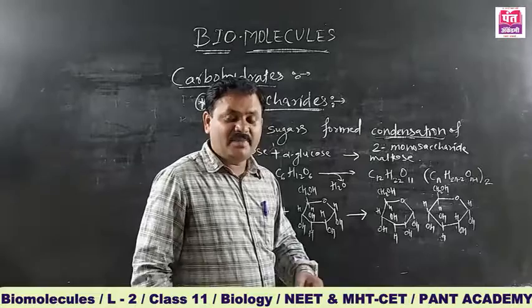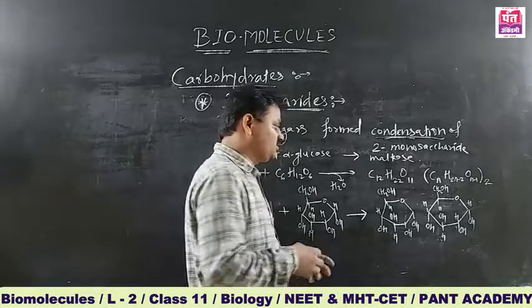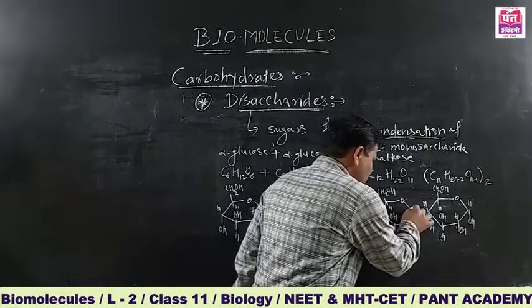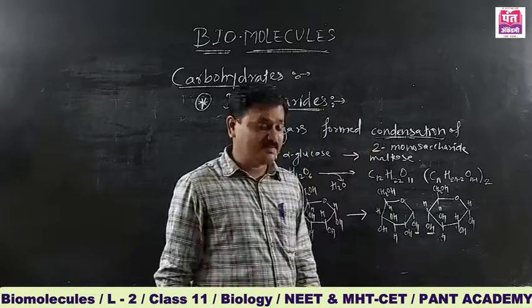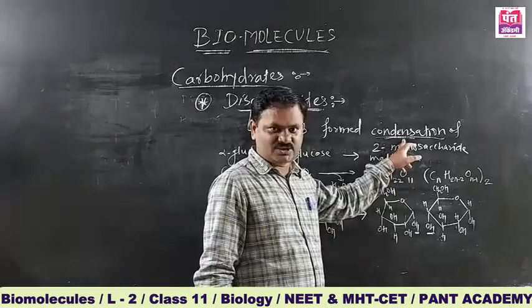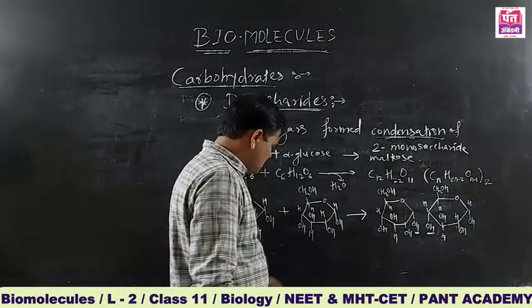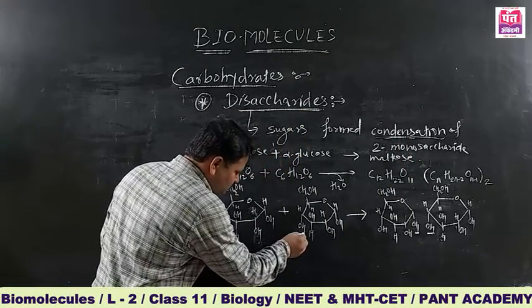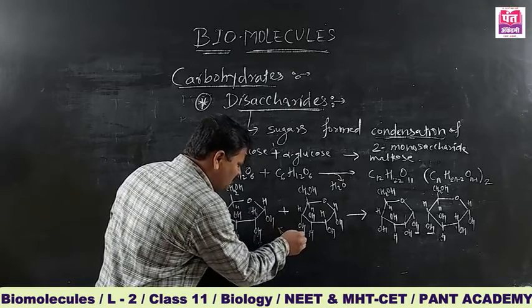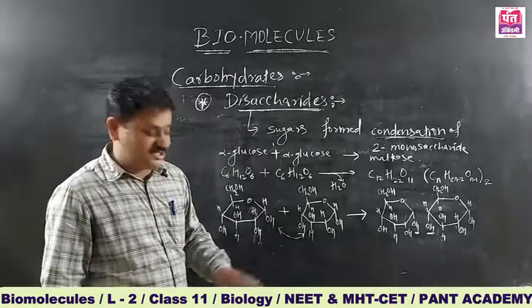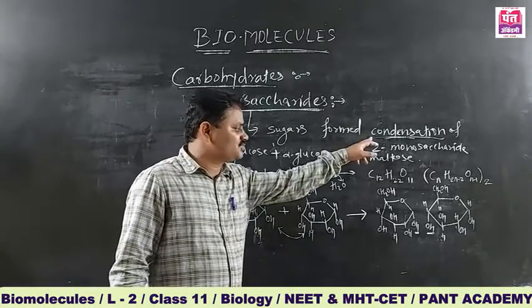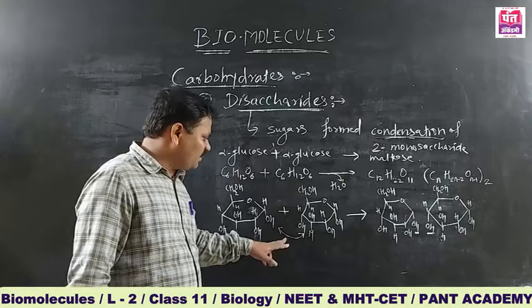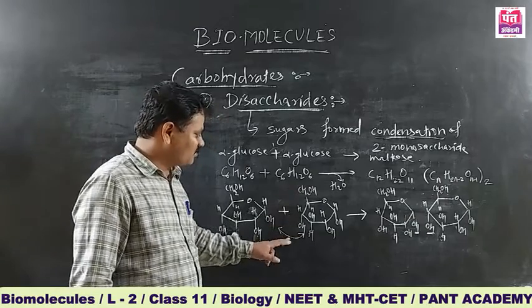for making a condensation reaction. Remember, this group and this OH group take part in the condensation reaction. So what happens? First we will see how one of the groups can attack on each other, and therefore they lead to the condensation. Then what will happen?